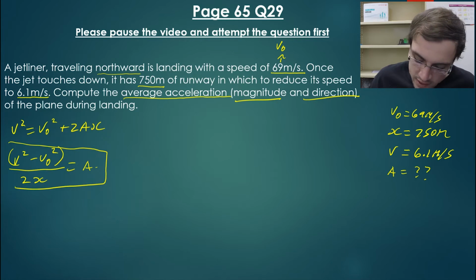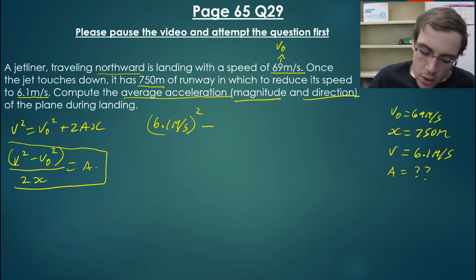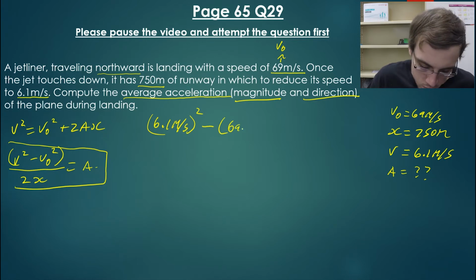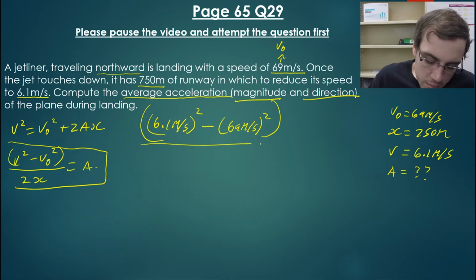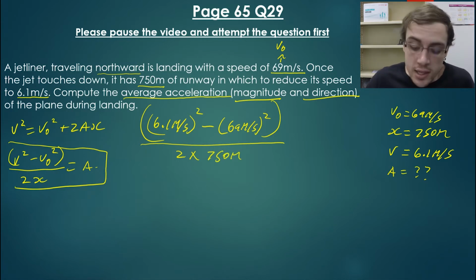We go v squared. So our v squared was, so we had 6.1 squared minus vo squared. So pop those in brackets. Divided by 2 times x. So x was 750 meters. So now we plug this into our calculator.